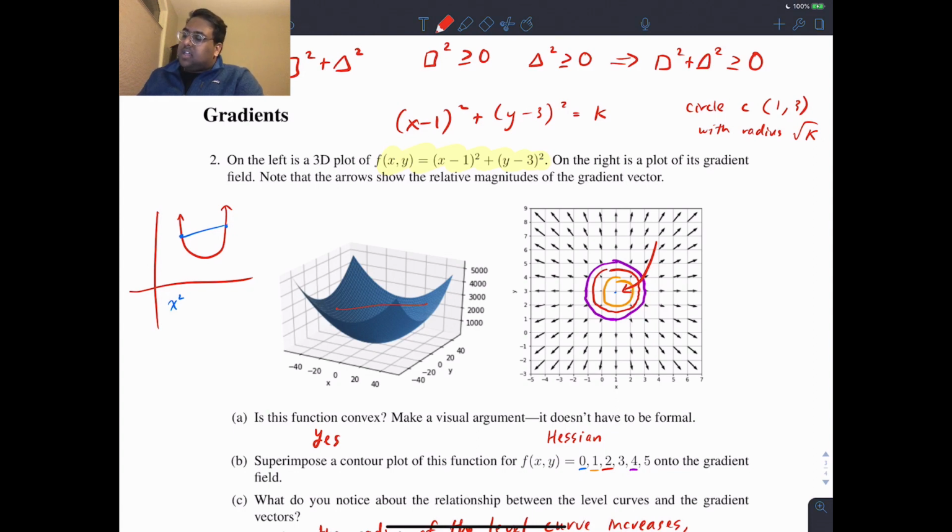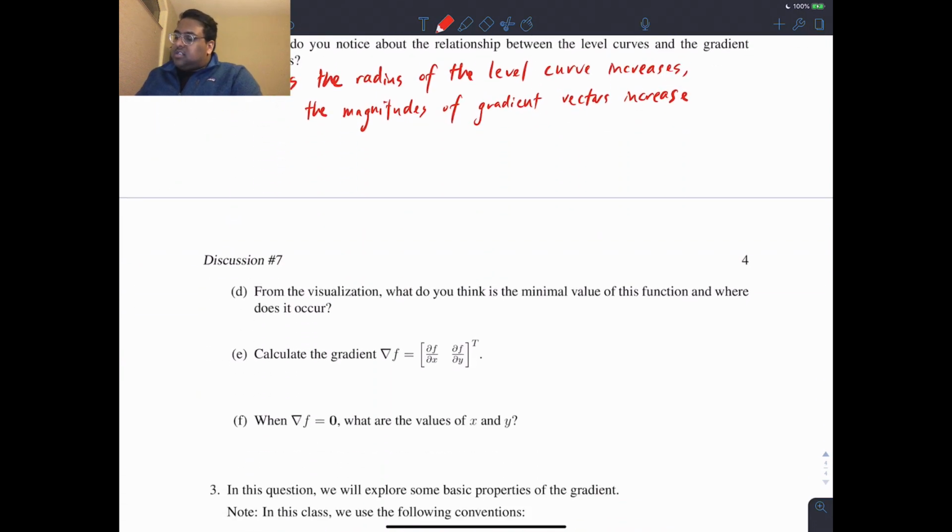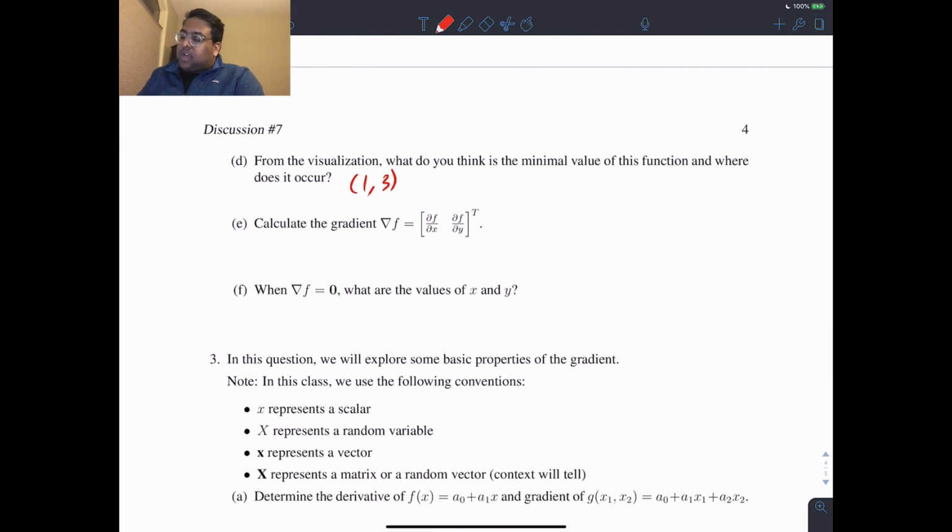In our case, we get that by setting x equal to 1 and y equal to 3, which is where the gradient of the function is actually equal to 0. So whichever way we approach it, we find that the minimum value of this function is at the point (1, 3).